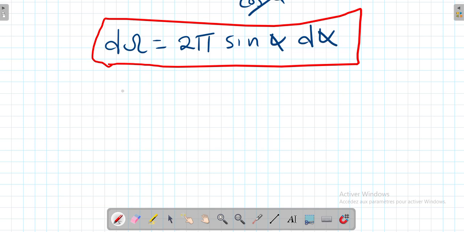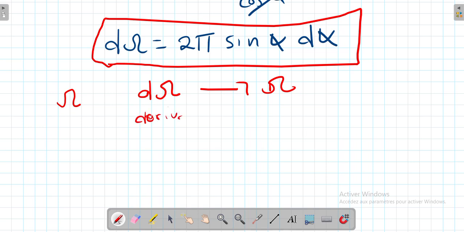Okay, now the next question is for us to find omega. Whenever we represent a smaller omega by d omega, that is the differentiation of omega. So if you want to find omega, since this is a derivative or differentiation, for us to find omega, we do what? We integrate.